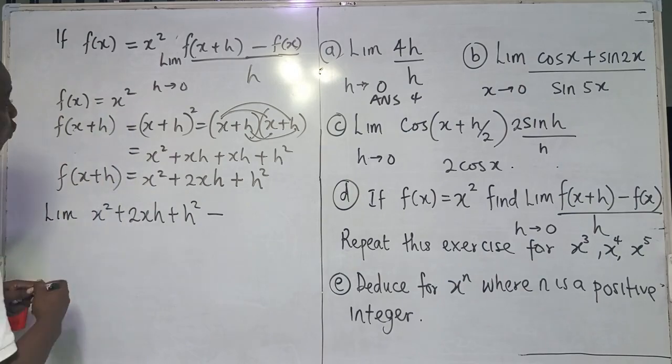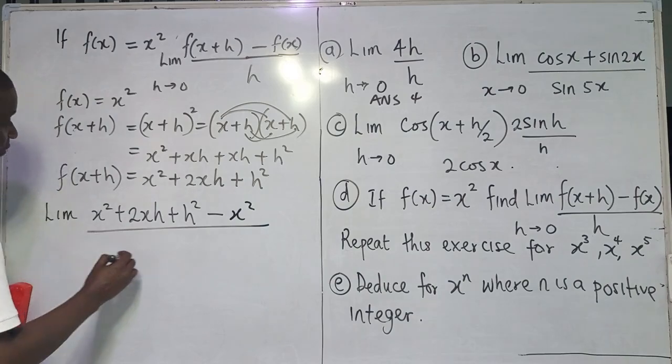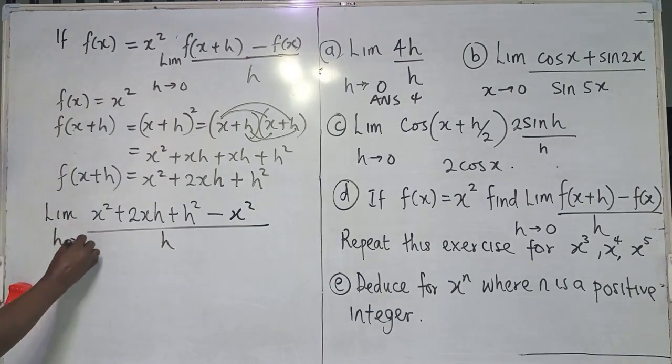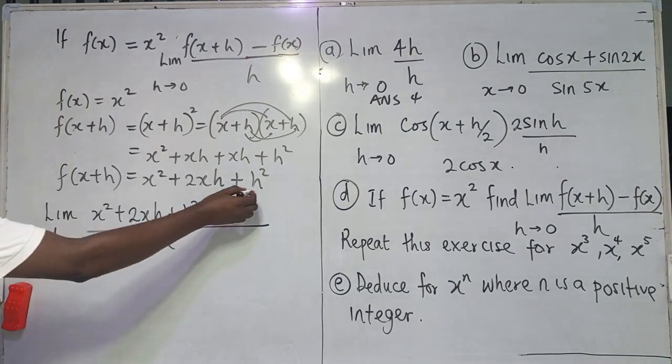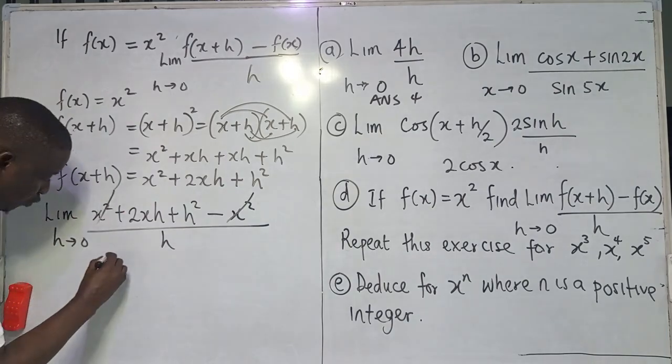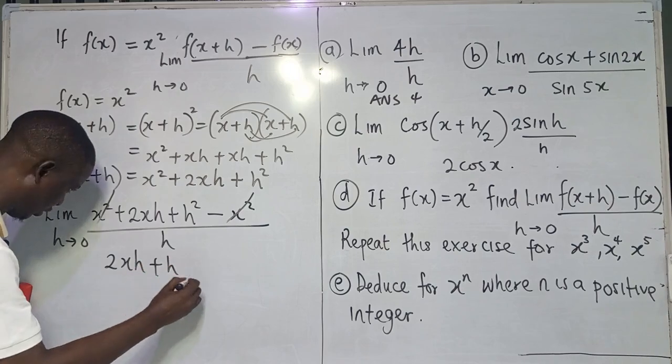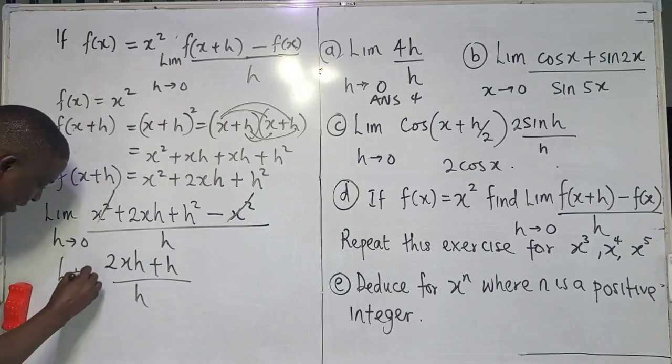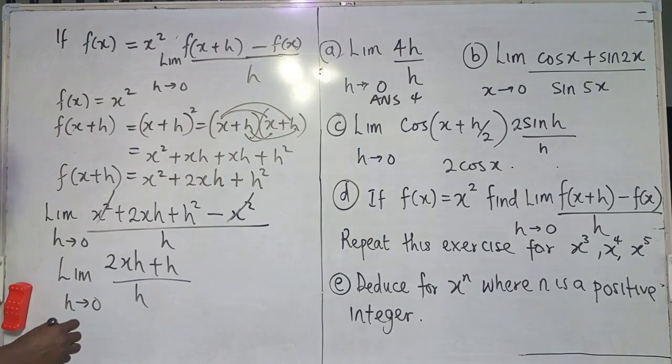Our f of x is equal to x squared, divided by h, as h tends to 0. Now we can cancel this. We are left with 2xh plus h squared over h as the limit of h tends to 0.